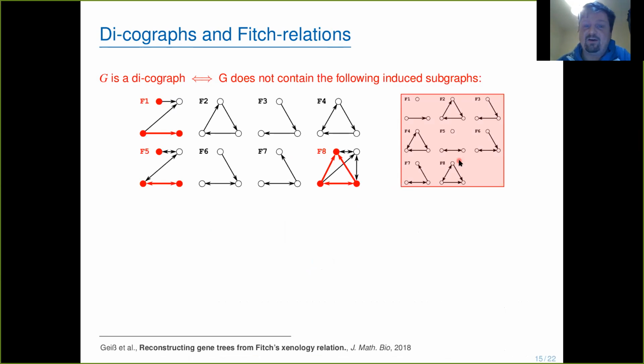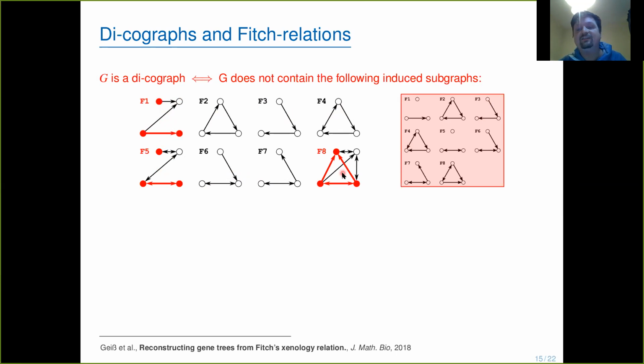And if we look now, what can we see? We see F2 is a forbidden subgraph of a Dico graph. F3 is a forbidden subgraph of a Dico graph. F4, F5, F6, and so on. No, except the red one. But we know if we have a graph that contains this large one as an induced subgraph, then it also contains F1 as an induced subgraph, and so on and so on.